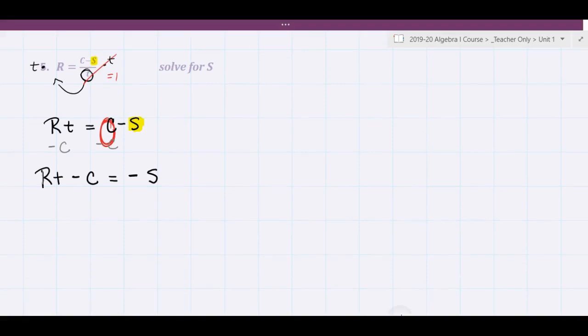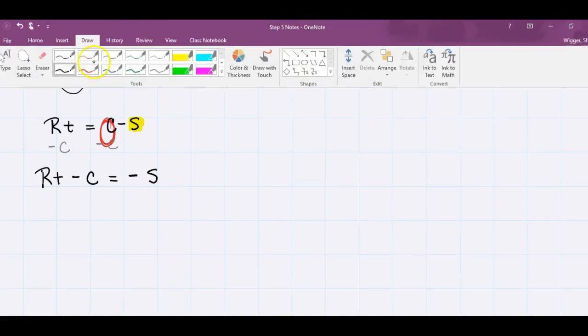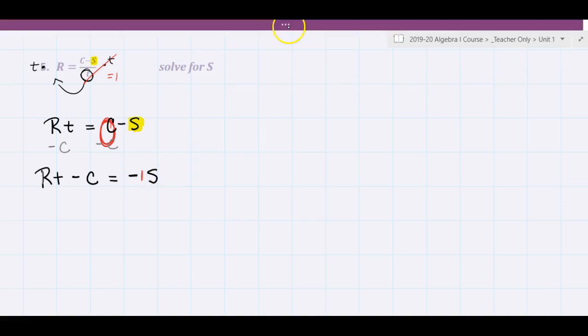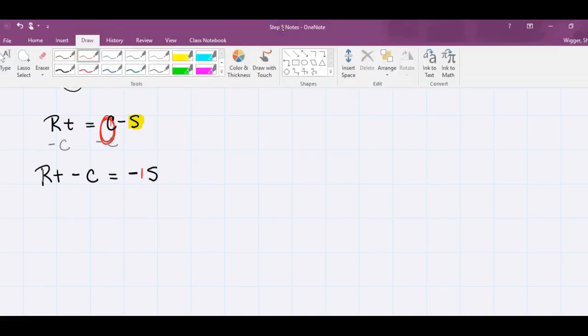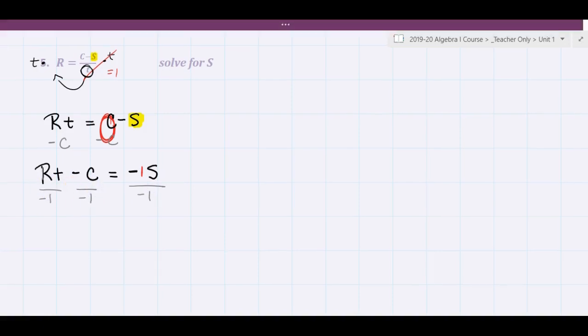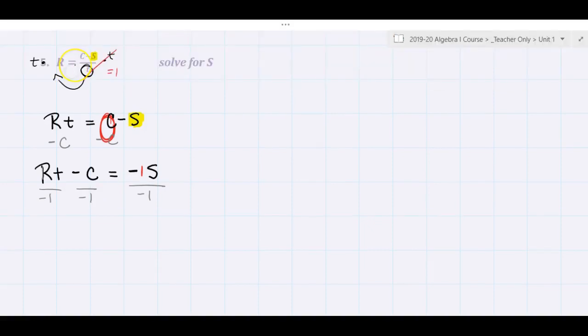That negative in front of the s is an invisible -1 times s. So to eliminate the negative from the variable s, I'm going to divide everything by -1. Remember, dividing by a negative will change the sign of the term.